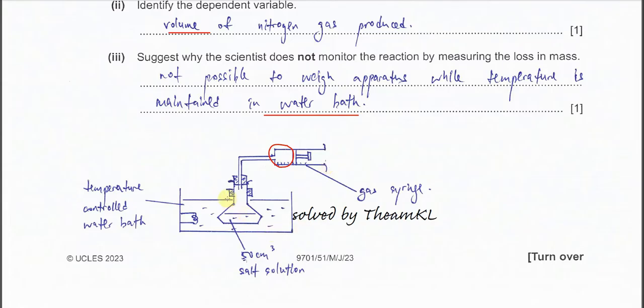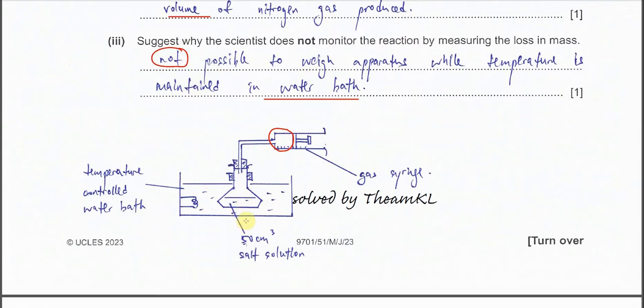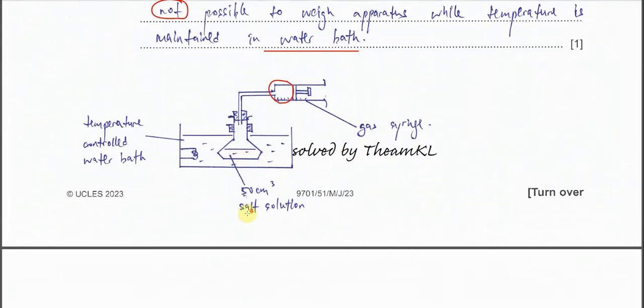And of course we immerse this salt solution in the temperature-controlled water bath, so we can get the gas accordingly. Again, it is not possible to weigh the apparatus because it is all inside water; we cannot put a balance in the water bath.